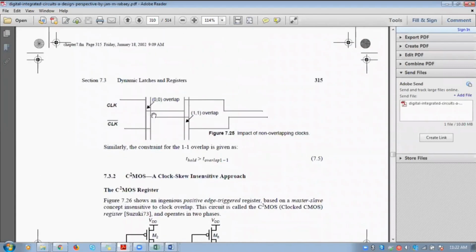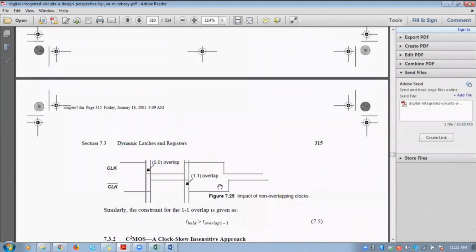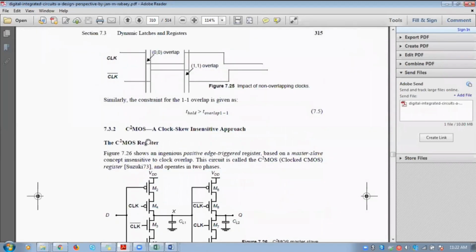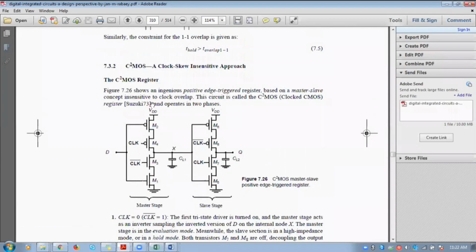In order to overcome this problem associated with our dynamic latch, dynamic register, we are going for C squared MOS. The expansion of C squared MOS is clocked complementary metal oxide semiconductor. For this design, we are going to adopt this C squared MOS circuit.